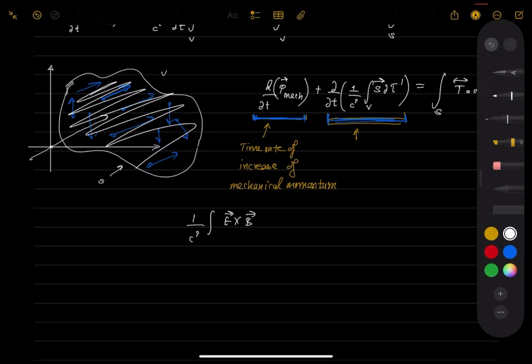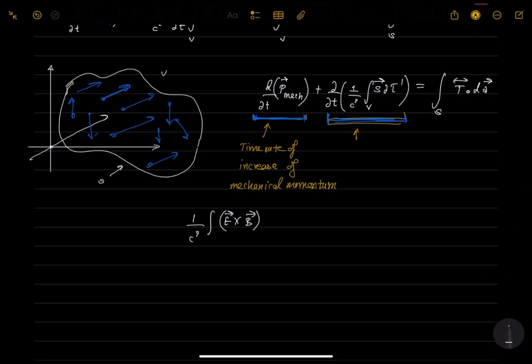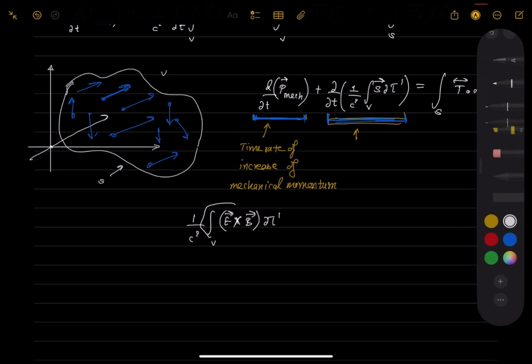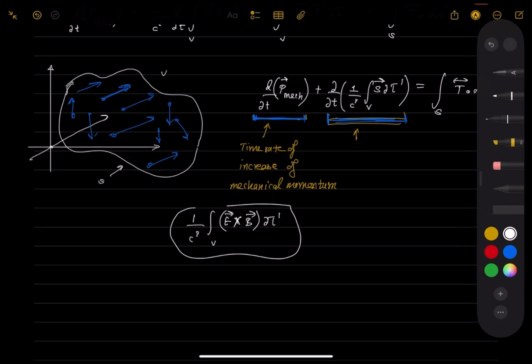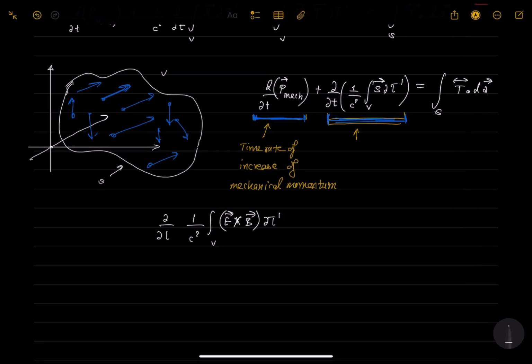You're considering the volume integral of a vector that involves E and B. So of course, this is a momentum-like term, a momentum density-like term that you're volume integrating. And you're considering the time derivative of that. So there is something else which increases when you're providing something into that volume.